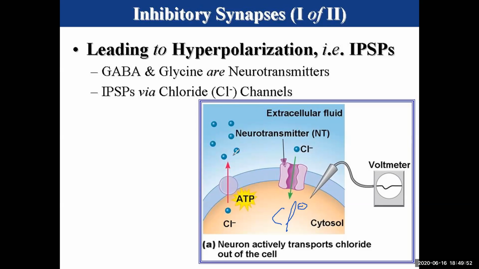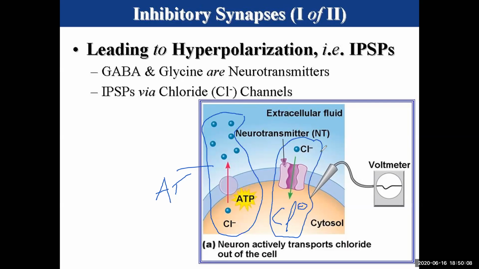So this side is active transport, AT, active transport. It requires energy. But this side is passive transport, more specifically facilitated diffusion. So it's a passive transport mechanism, not requiring energy.